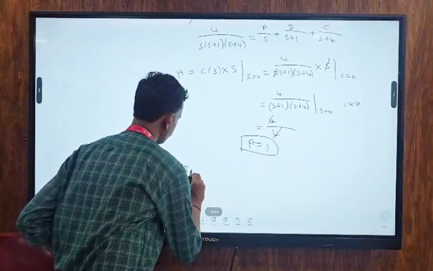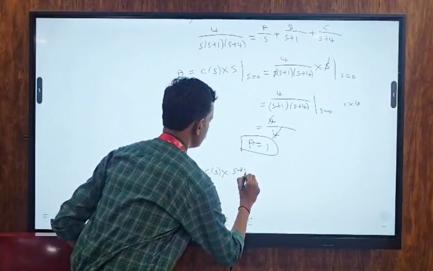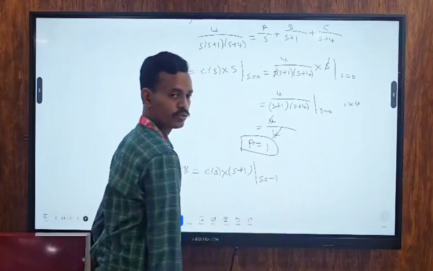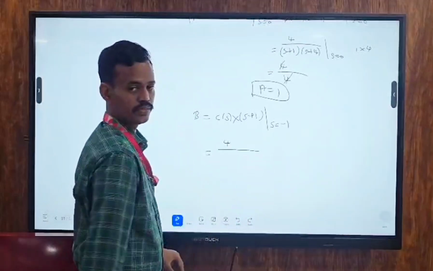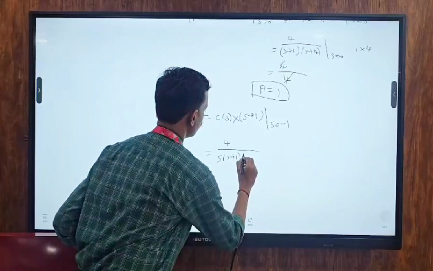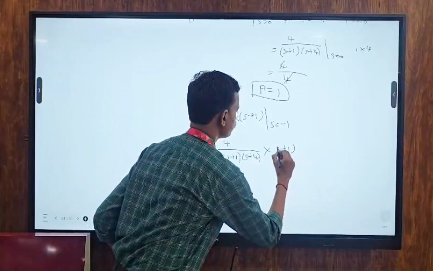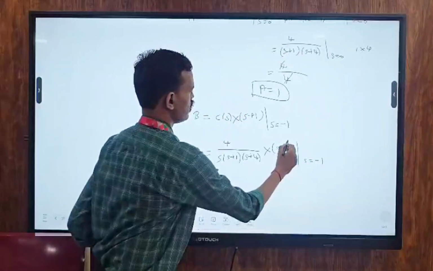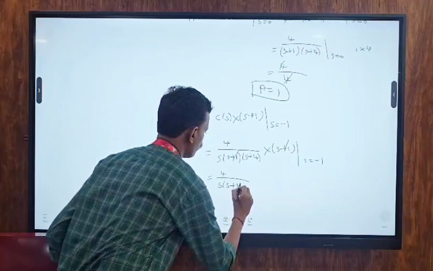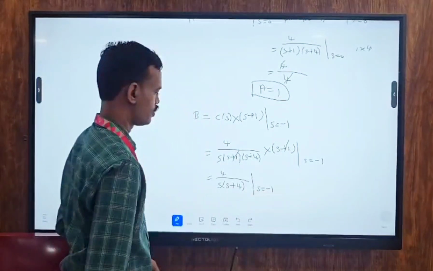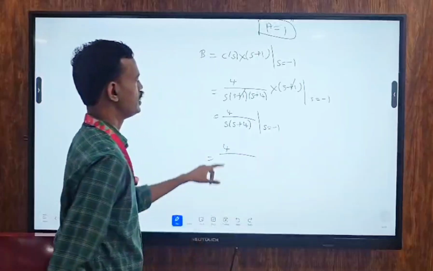Next we find the B value. B is C(s) times (s+1), substituting s = -1. C(s) is 4/(s(s+1)(s+4)); multiplying by (s+1), the s+1 cancels, leaving 4/(s(s+4)) at s = -1.